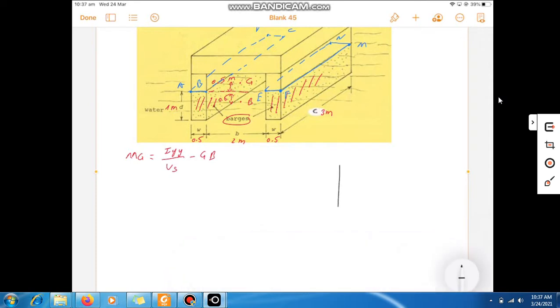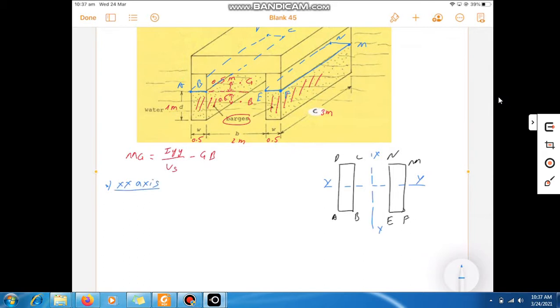So the cross section between the system and water surface, when you see it in 2D, it will be like this, with A, B, C, D, and E, F, M, N. So we have to determine whether this system is stable or unstable in two axes, the XX axis and the YY axis.